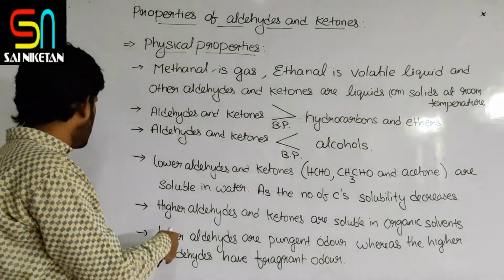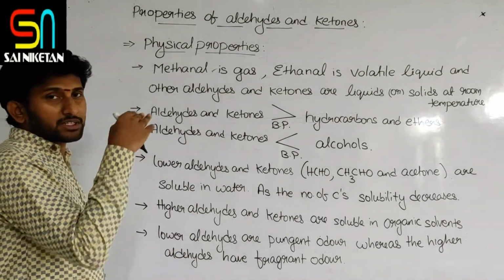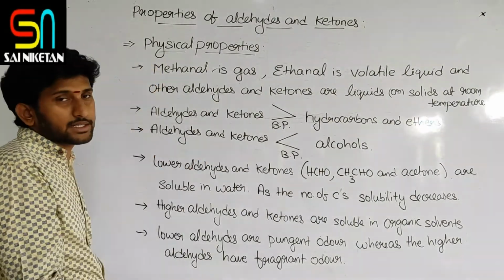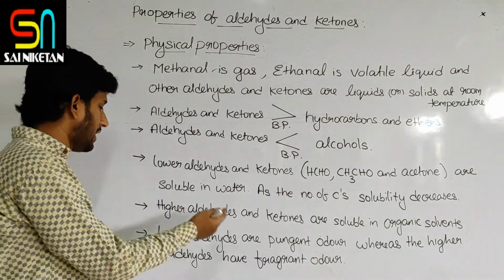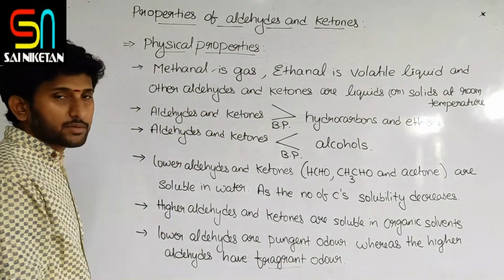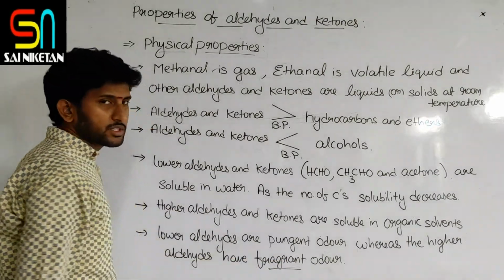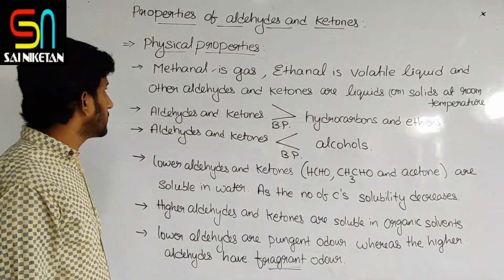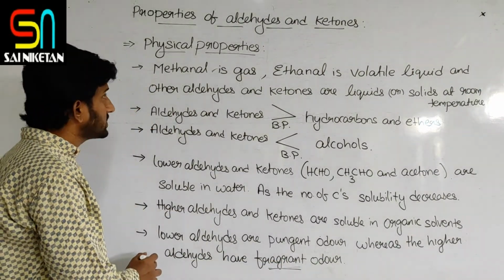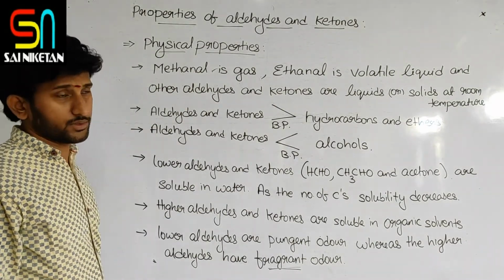You cannot bear the smell, that is pungent odor. As the carbons increase, higher aldehydes and ketones have a fragrant smell. That means they smell similar to flowers, a very good smell. Okay, so this is about physical properties of aldehydes and ketones.